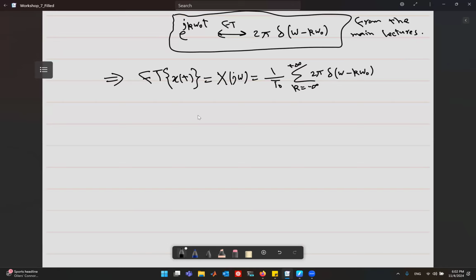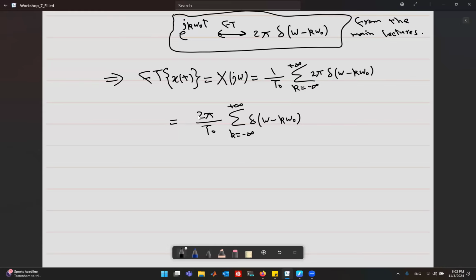We take this 2 pi outside, and then we'll have 2 pi divided by T naught summation k from minus infinity to plus infinity of delta omega minus k omega naught.